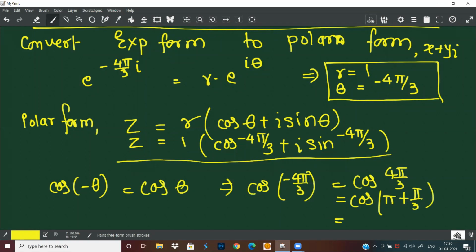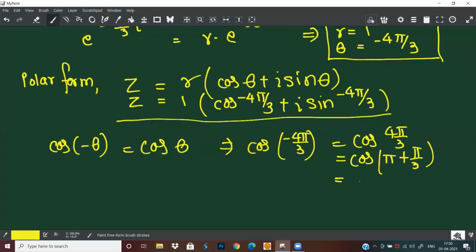So cos of pi plus theta goes in the third quadrant. In the third quadrant, cos is negative. So minus cos of pi by 3. So this becomes minus half. All right.